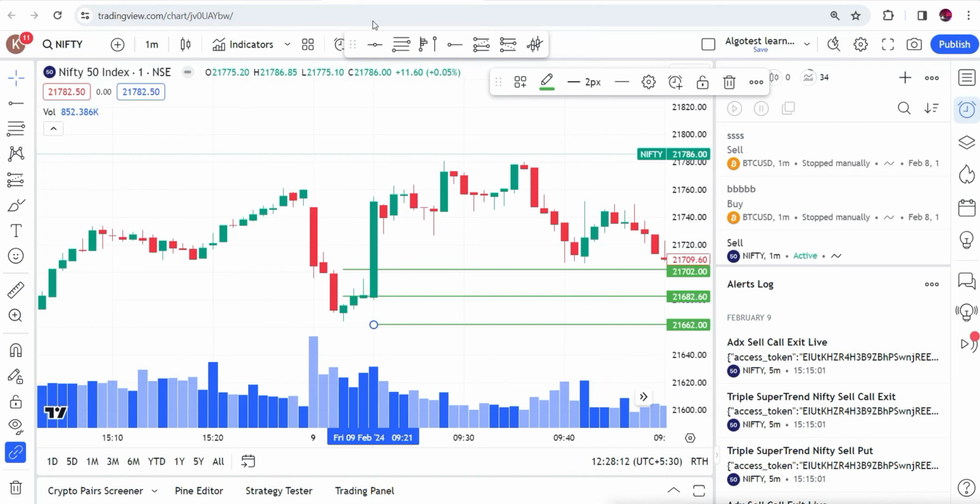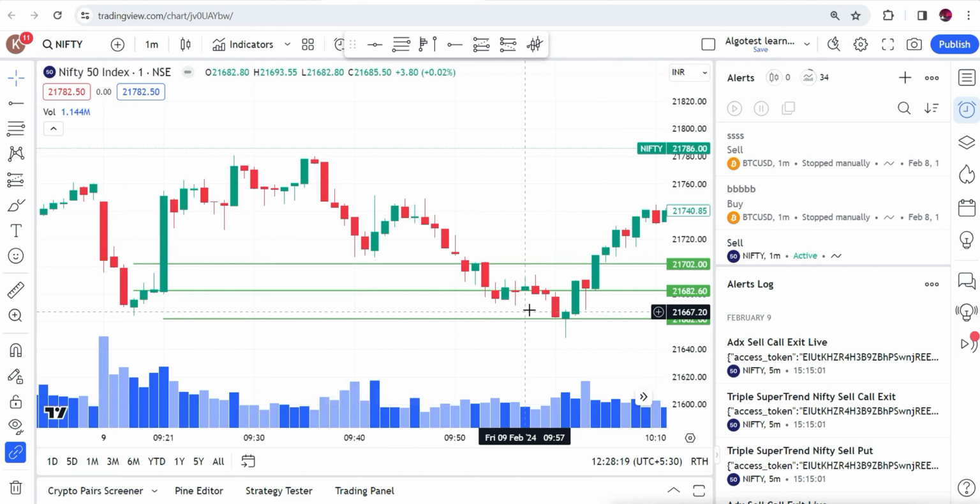And assume the market moved downside. It happens that from here it goes up and then comes downside. So if the market touches downside, for example here it touched downside, it moved to 21,662. So it means 20 points momentum on the downside.